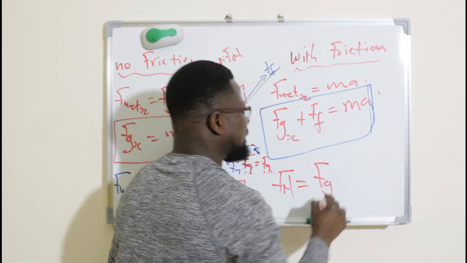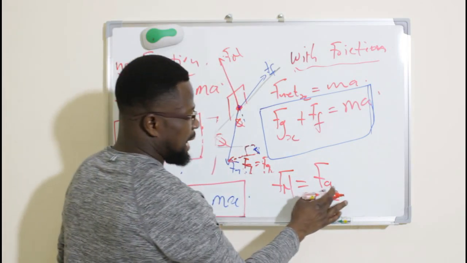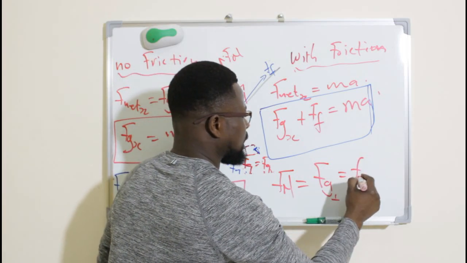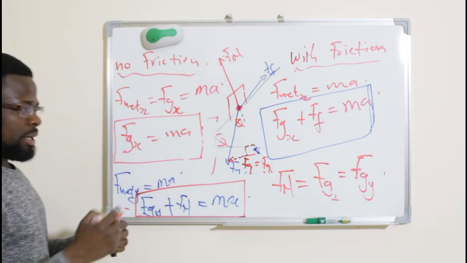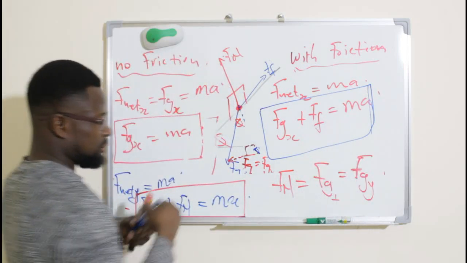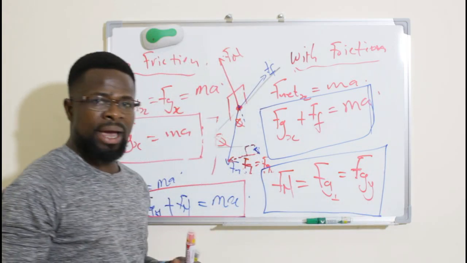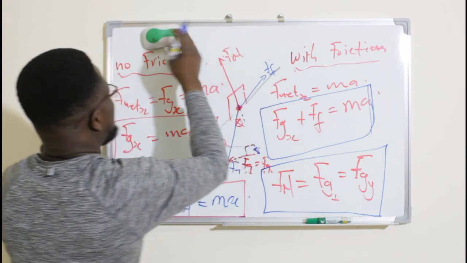The perpendicular component of the weight. And remember that perpendicular component can simply be Fgy. So in an inclined plane, this is always true.